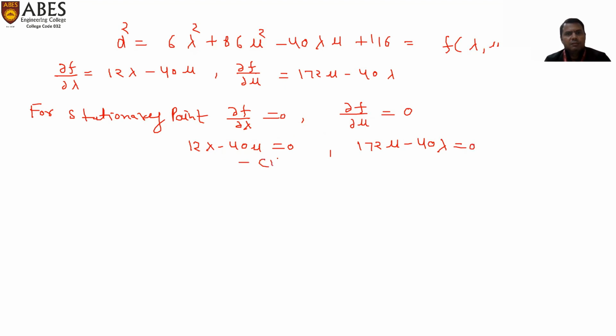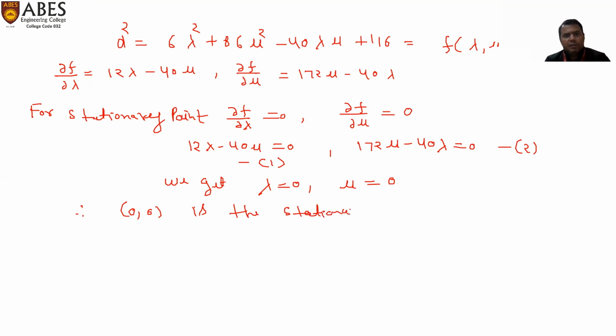This is equation 1 and this is equation number 2. If we solve equations 1 and 2, we get lambda equals 0 and mu equals 0. So (0, 0) is the stationary point.